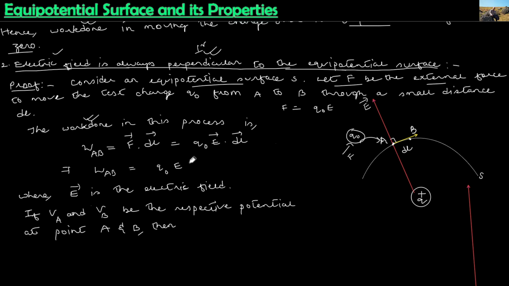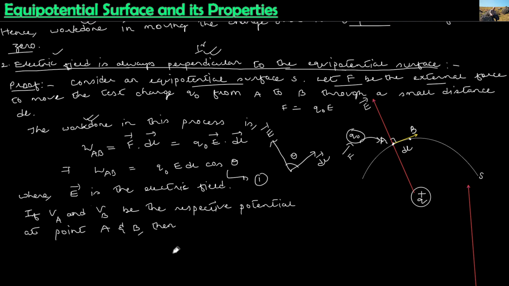So this will be E dl cos of the angle between them. If this is our vector E, and this is our vector dl bar, then the angle between E and dl will be theta. Let us mark this as equation number 1.